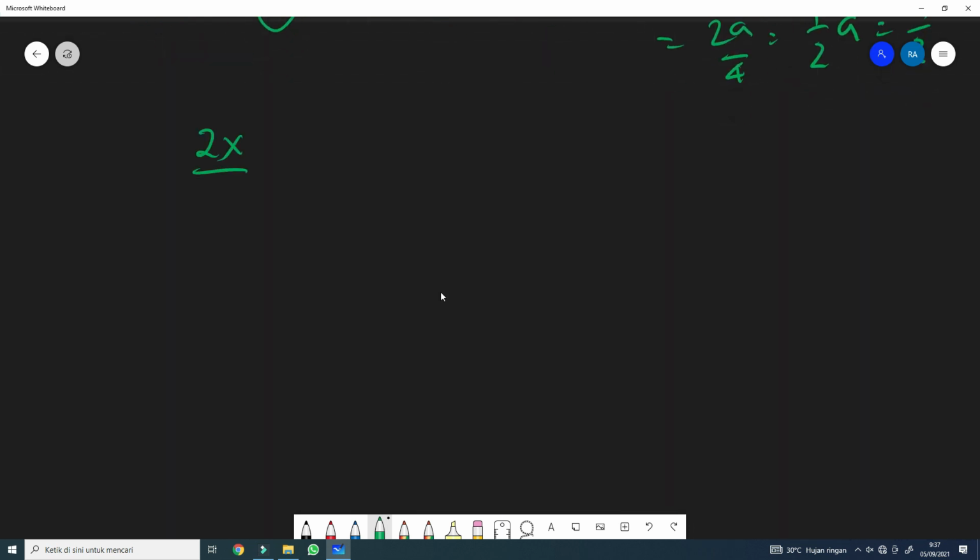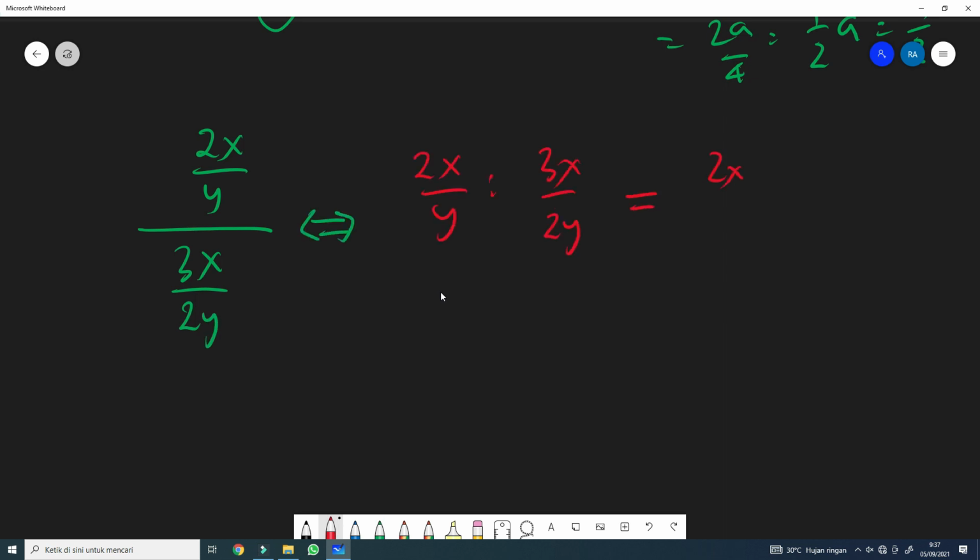Suppose we have 2x divided by 3x over 2y, this equals this, and then we transpose the second into this and do the multiplication here, and we cancel the y and get 4x over 3x, and we can also cancel the x, therefore we get 4 over 3.